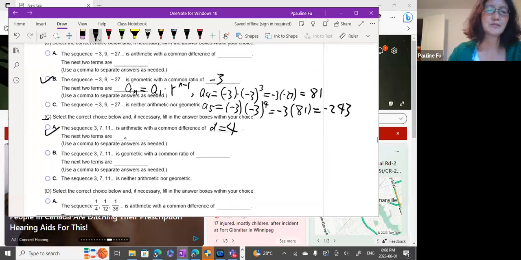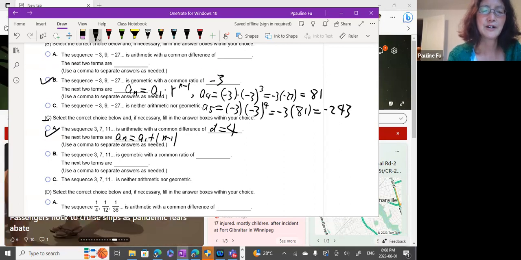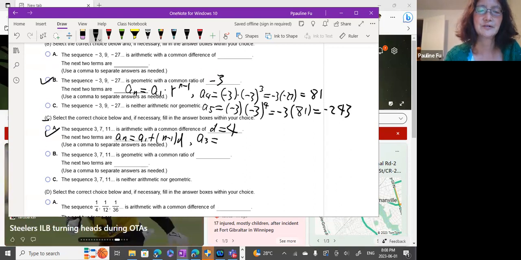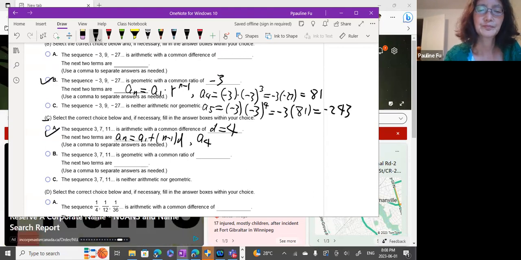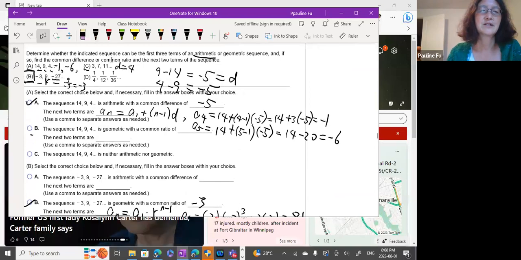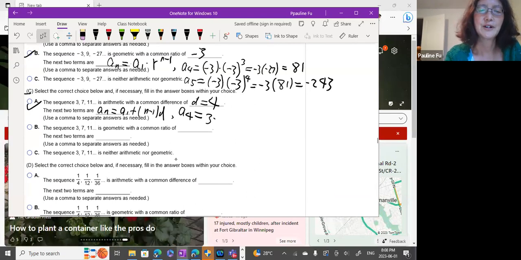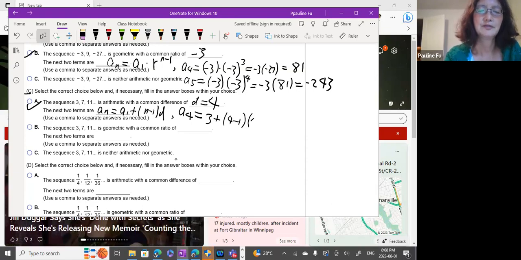The next two terms: for an arithmetic sequence, a_n equals a_1 plus (n minus 1)d. So the next two terms are a_4 and a_5. a_4 equals a_1, a_1 is 3, d is 4, so 4 minus 1 times 4.